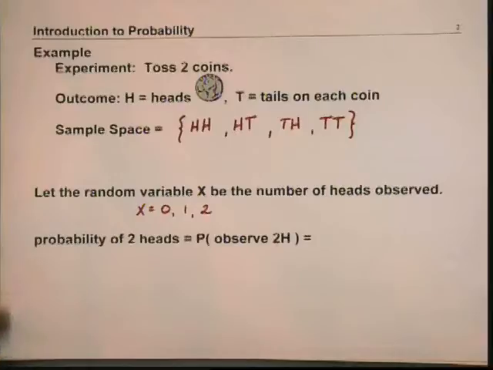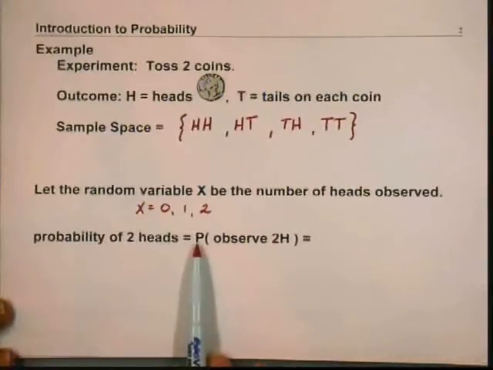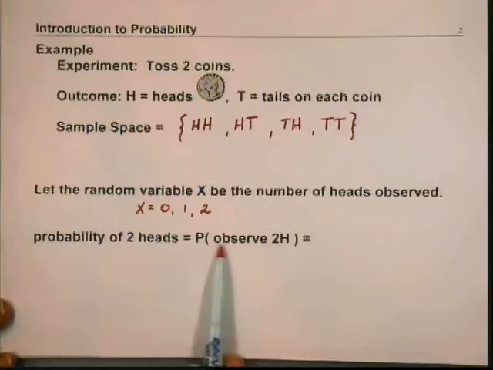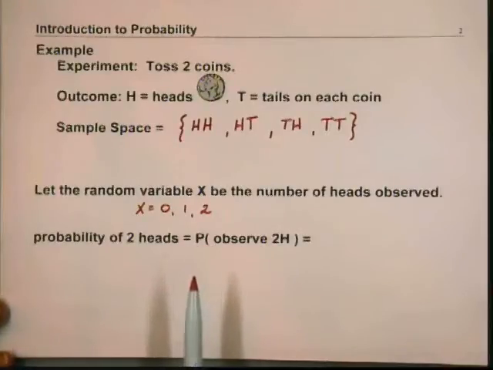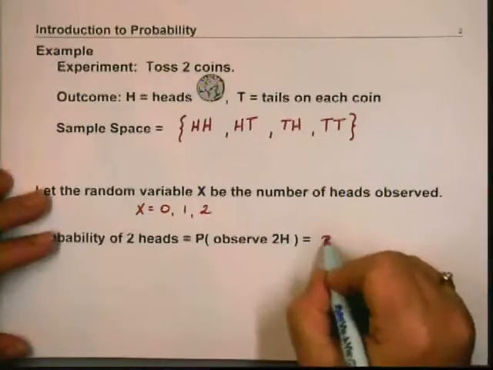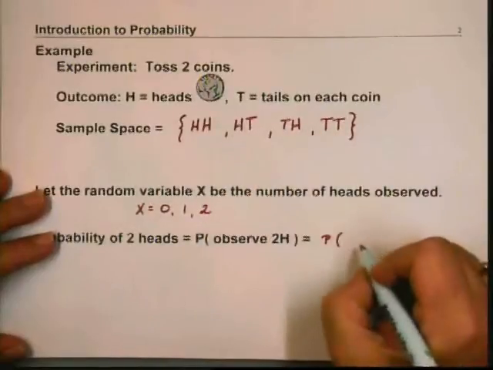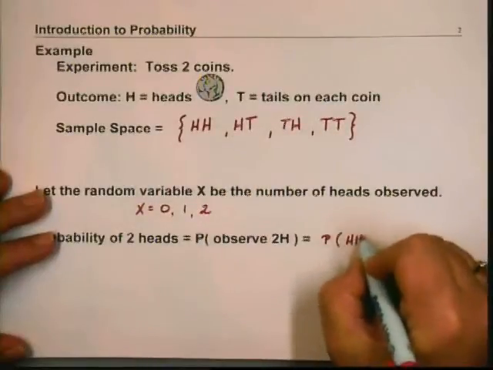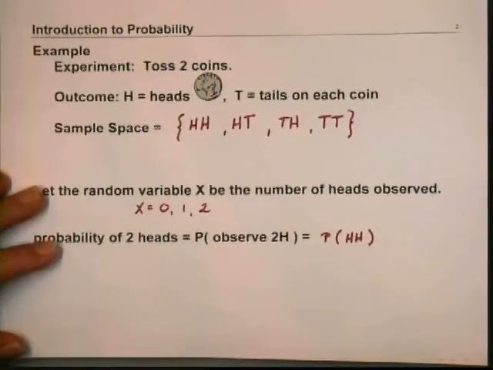If we want to talk about the probability of 2 heads, our notation here, we can write probability of observing 2 heads, or just P(2H). This capital P is just a shorthand for probability. The probability of the event, you can write in the parentheses. In terms of the sample space, what's the probability of observing 2 heads?